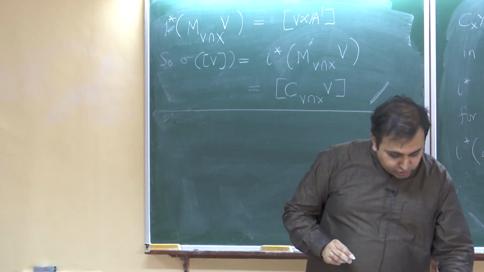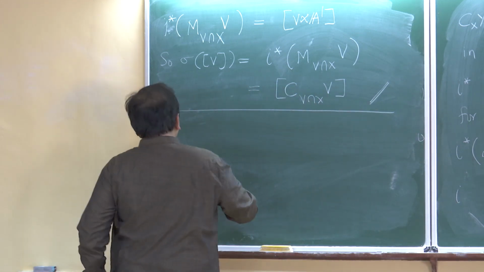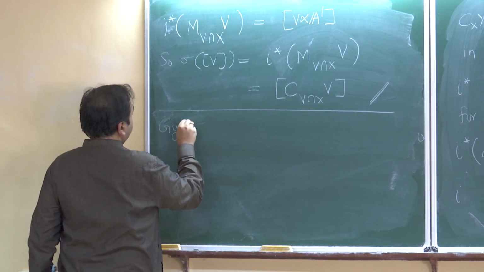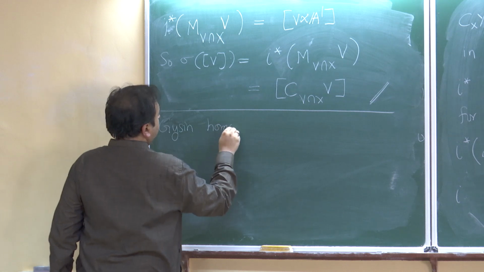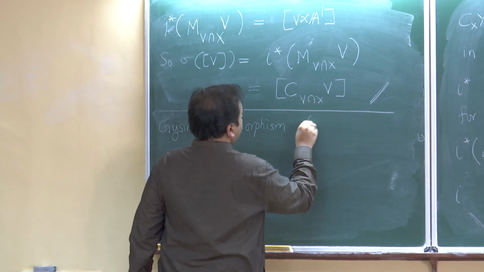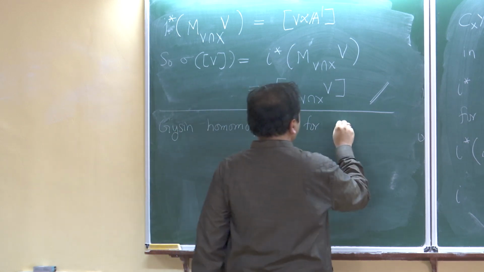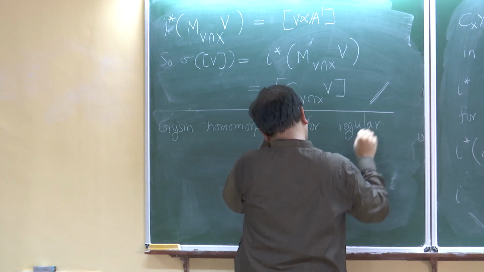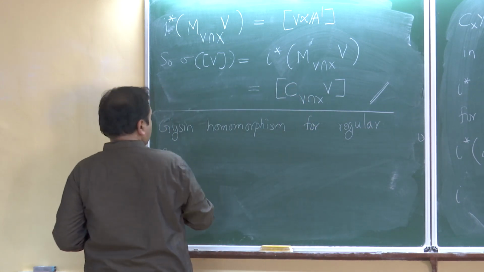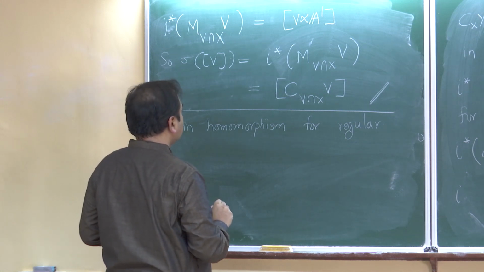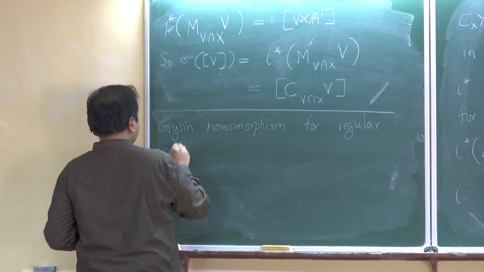What this is used for is that it allows us to define the Gysin homomorphism for regular embeddings. Well, actually, what do I want to say?